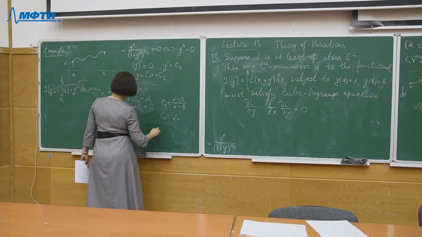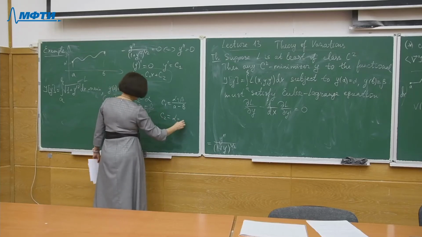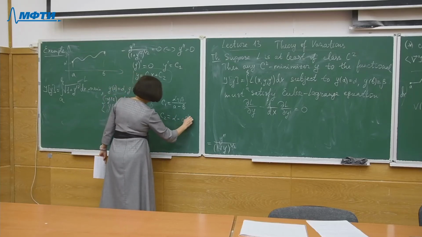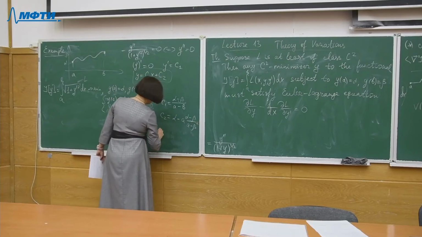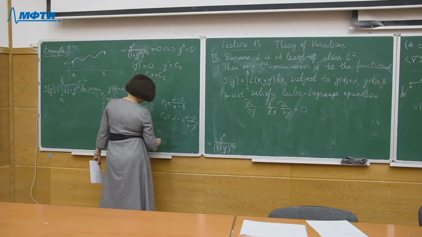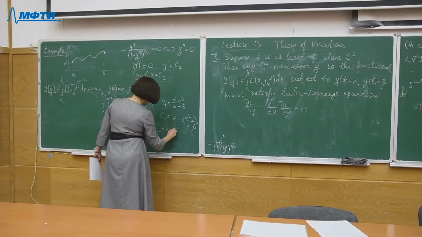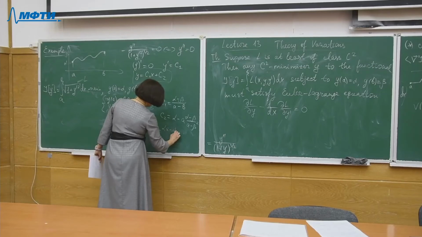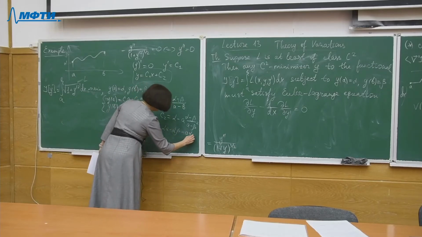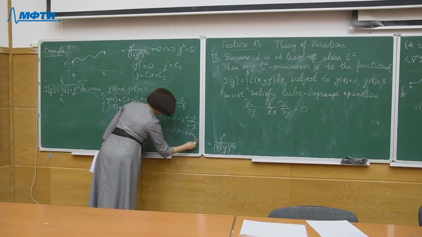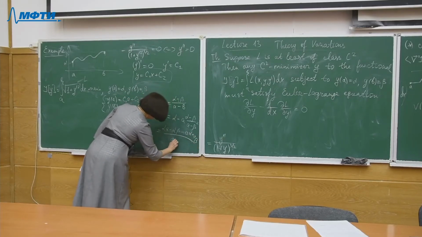alpha minus a times alpha minus beta over a minus b. It is equal to alpha a minus alpha b minus a alpha plus a beta over a minus b.